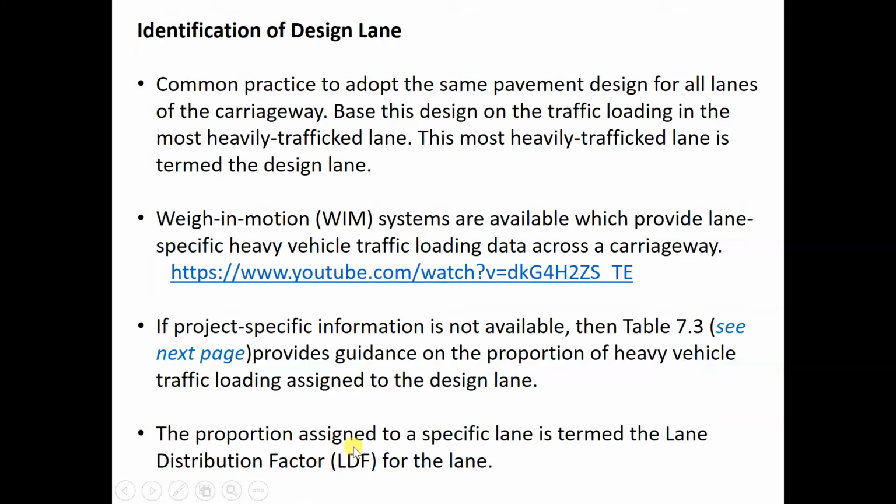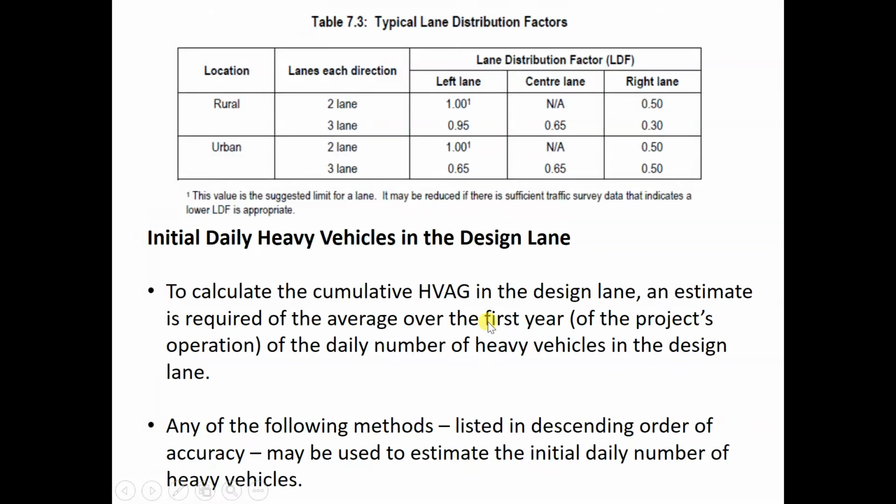The proportion assigned to a specific lane is termed the lane distribution factor for the lane. So for 2 lanes, you choose 1. For 3 lanes, you choose the design lane LDF, which is 0.95 for rural, and for urban, 1 and then 0.65.